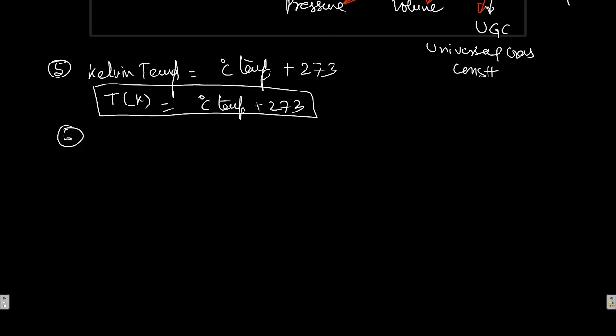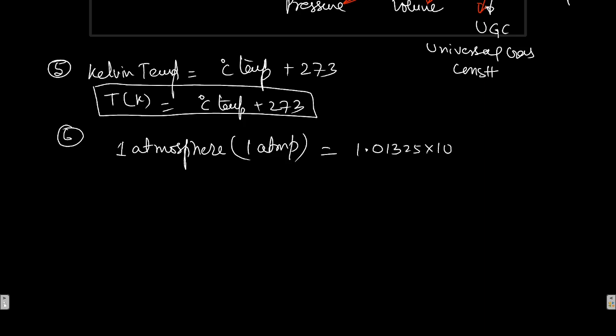The sixth point: here we will talk about the units of the pressure. One unit of the pressure is 1 atmosphere, normally called 1 atm. This is equal to 1.01325 × 10^5 Pascal.